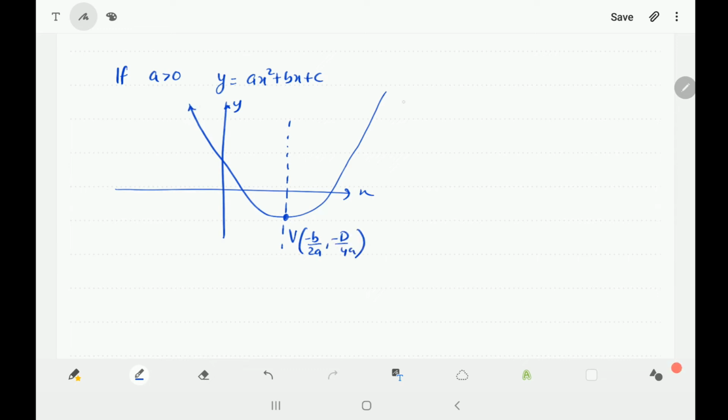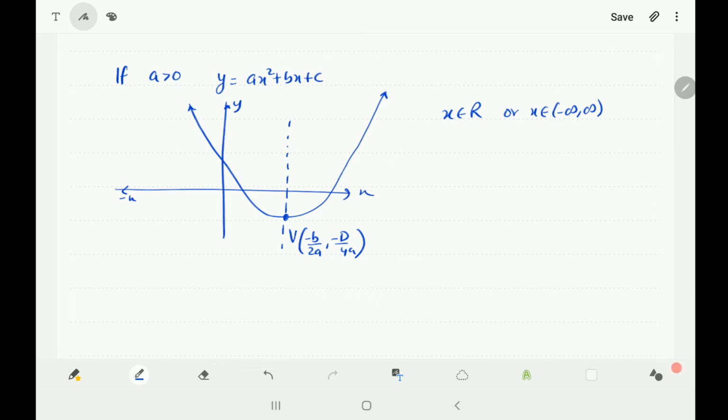Because it is a quadratic polynomial, the domain of this quadratic polynomial is x belongs to R, or x belonging to minus infinity to infinity. It means this graph is defined for all the values of x from minus infinity to infinity.